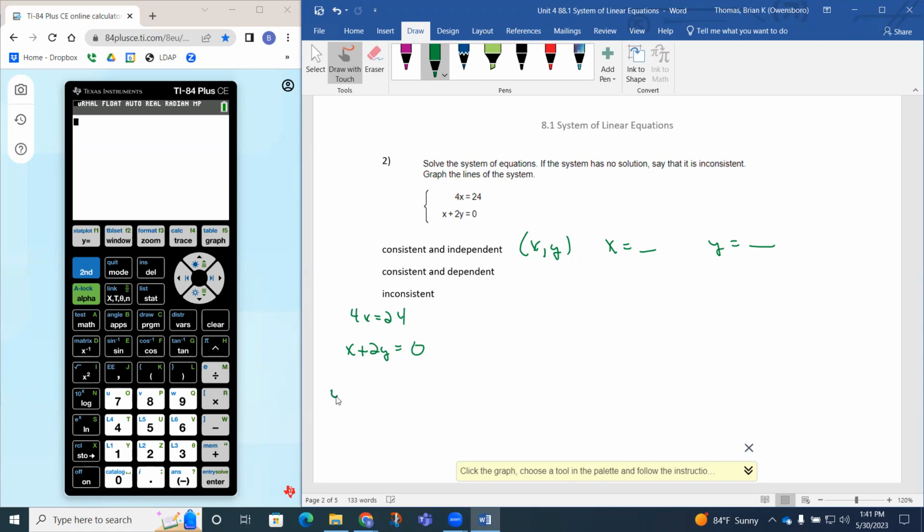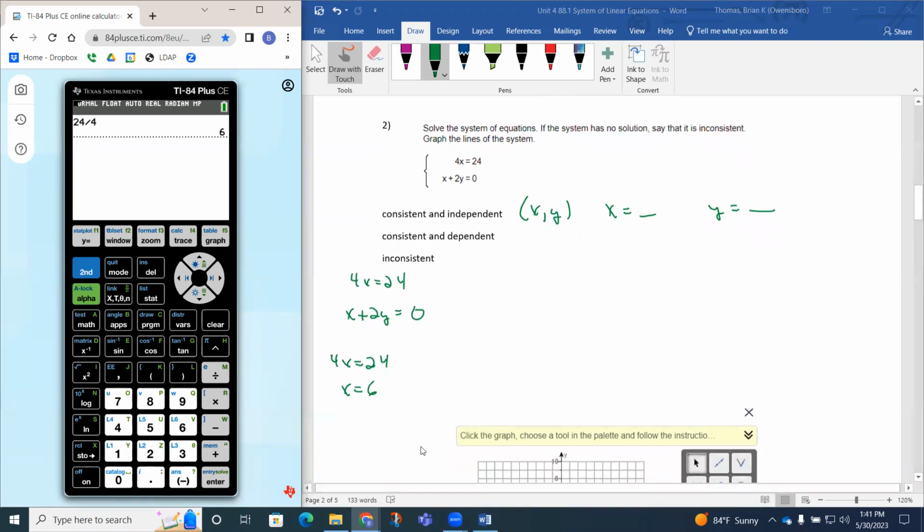Divide both sides by 4, and 24 divided by 4 should be 6. So rather quickly, we've already found x equals 6.